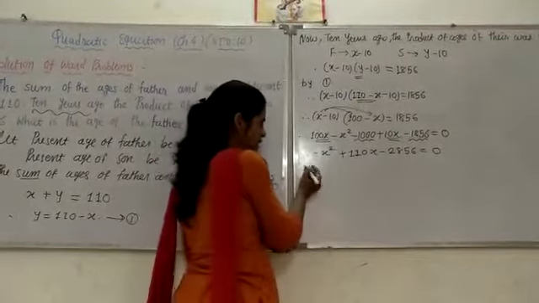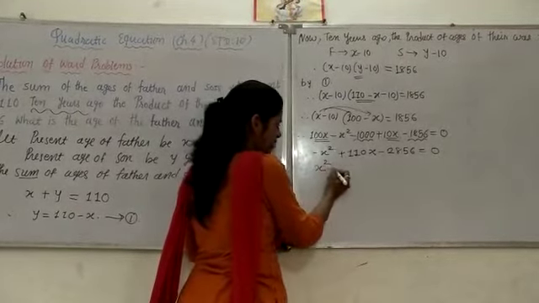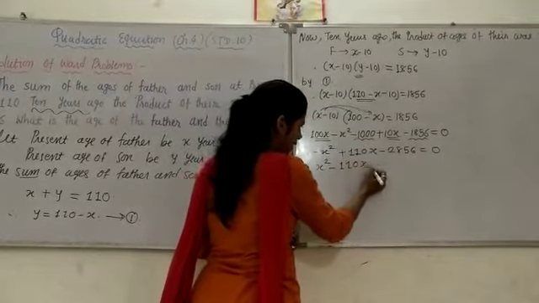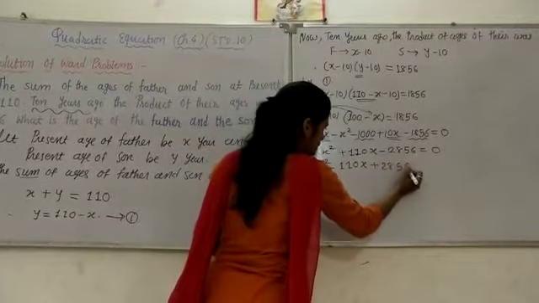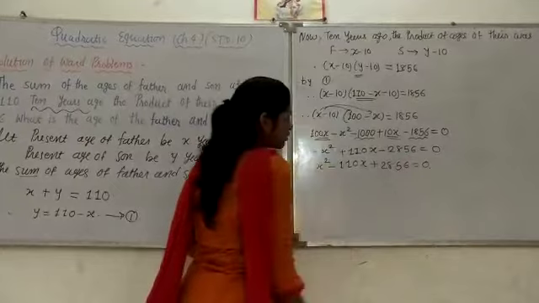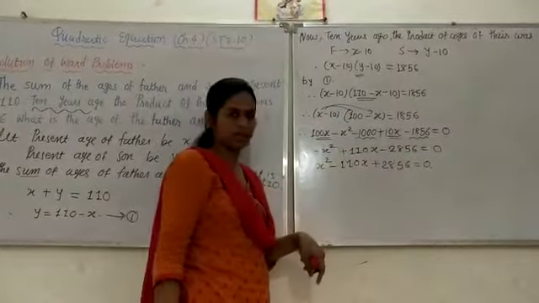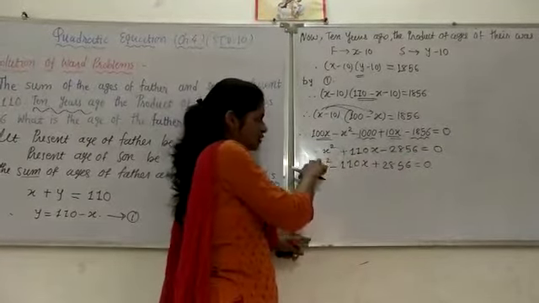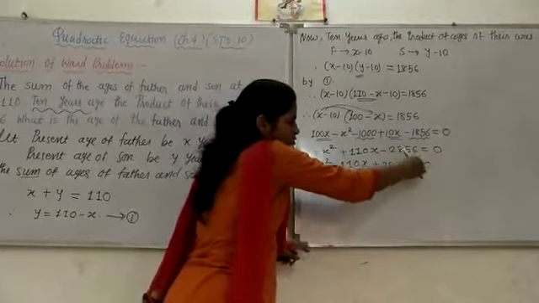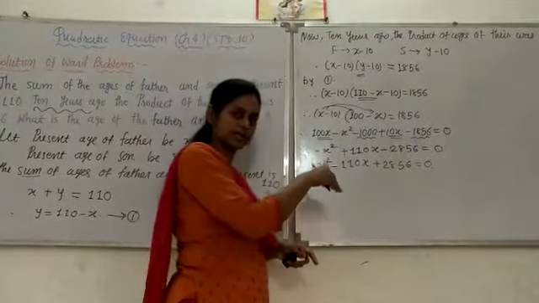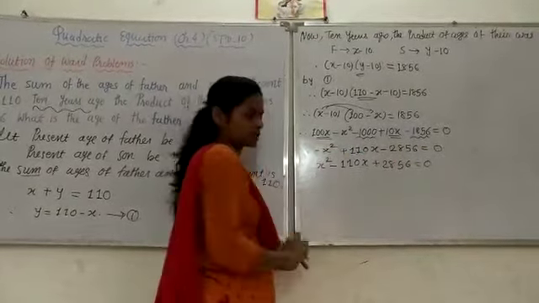Now take minus outside. So this equation becomes x square minus 110x plus 2856 equal to 0. Whenever you take minus common, the inner signs will be changed, and 0 divided by minus 1 itself becomes 0.